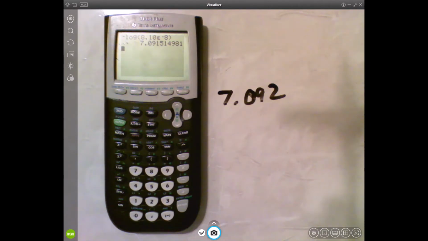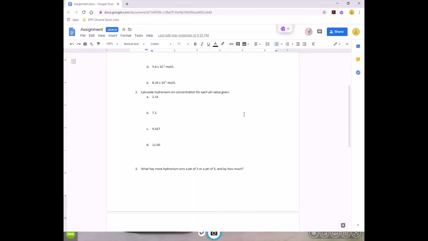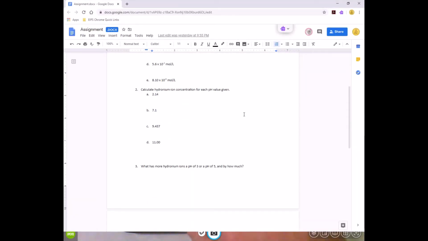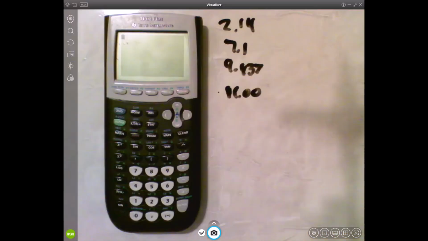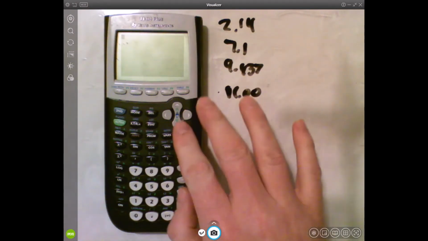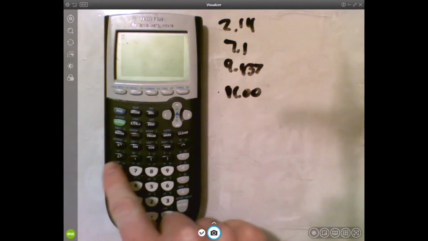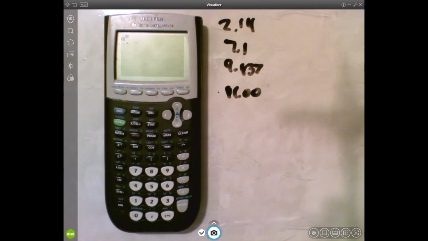other ones in the assignment, let me just write these down so we're not going back and forth. So 2.14, 7.1, 9.437, and 11.00. So if we want to take a look at those on the calculator, you go second log, and then it goes 10 to the, and you have to do negative.